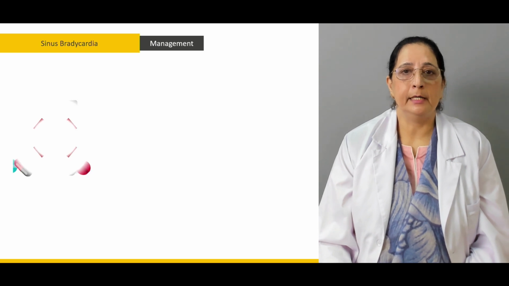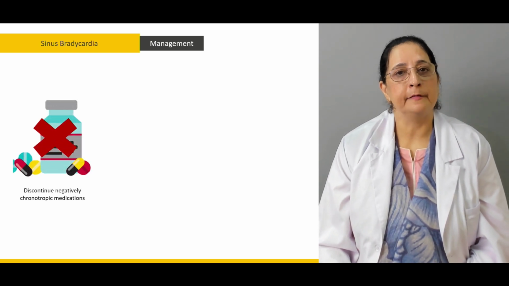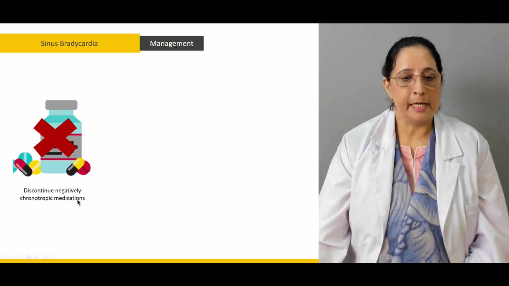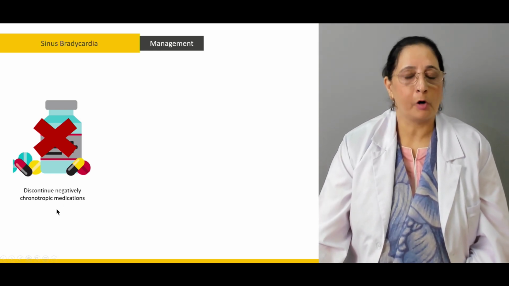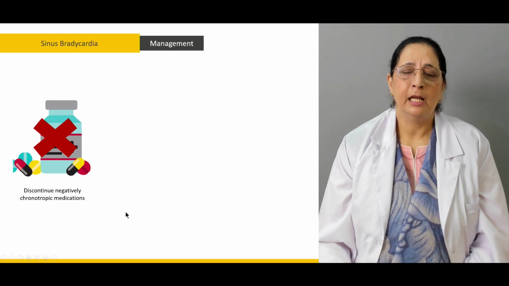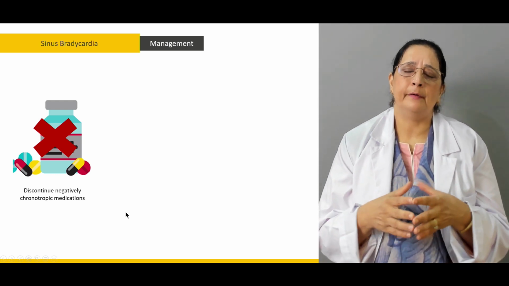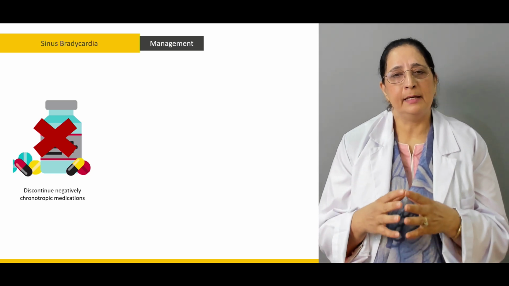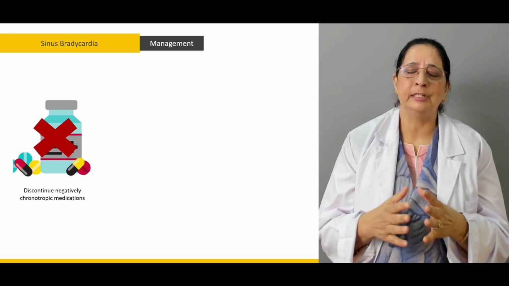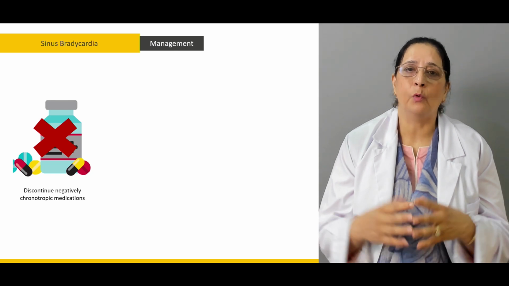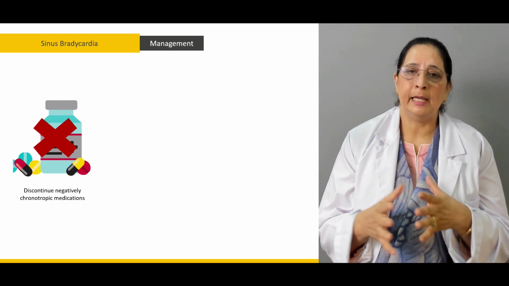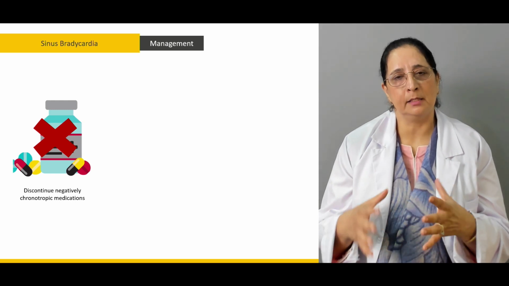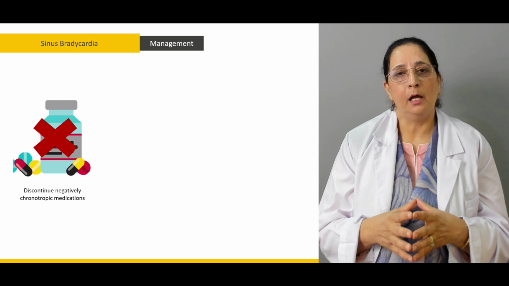Sinus bradycardia, the management of sinus bradycardia: discontinue negatively chronotropic medications. A lot of people have a normal sinus bradycardia, they have a slightly low heart rate. Usually athletes, people who work out regularly, have sinus bradycardia, meaning their heart rate is slower than normal.